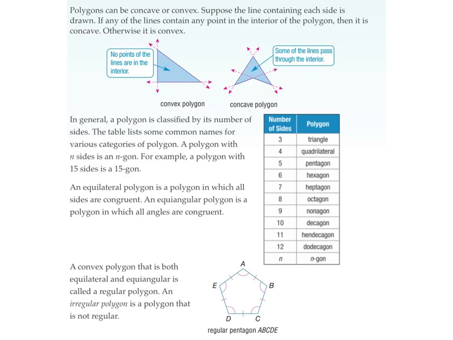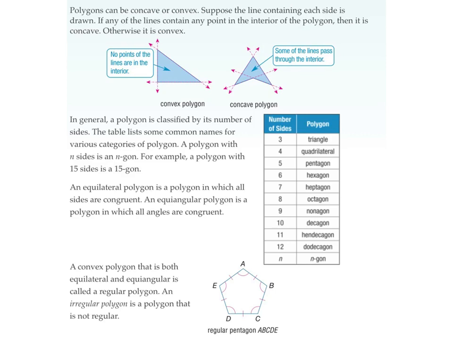So get used to using quadrilateral as well as the names of the terms that you know. It goes on: pentagon, hexagon, 7, 8, 9, 10, 11, very rarely used, hendecagon, and anything over 12 is known as an n-gon. So a 13-gon, a 14-gon, a 56-gon. Okay, so remember, as best as you can, these names.